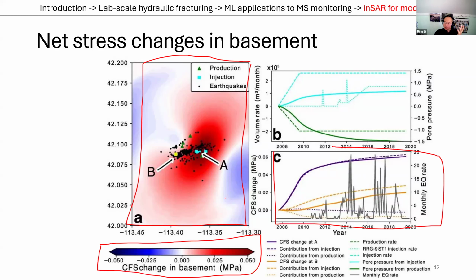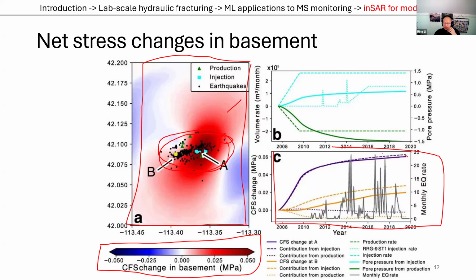Red indicates an increase in the likelihood of slip. Blue represents a decrease in the likelihood of slip. And we were happy to see that when you look at the induced earthquakes, which are shown in black, they almost all happen in zones of elevated Coulomb failure stress, which is a very good sign.